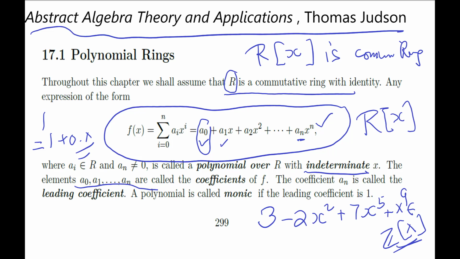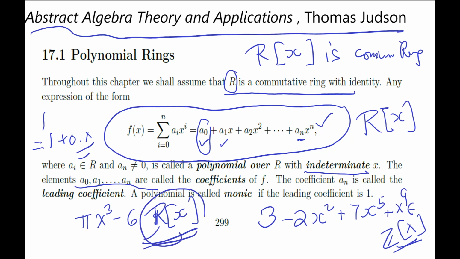Or if I took pi x cubed minus 6, that's a polynomial over the ring where R is the set of real numbers. Or we can even take a polynomial over rings like Z6.